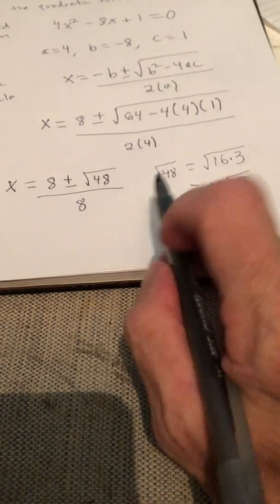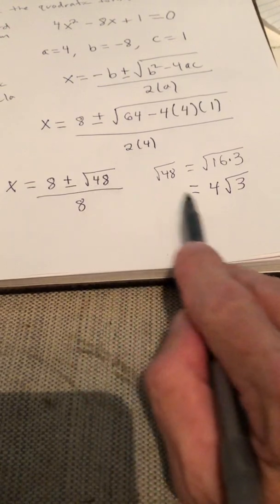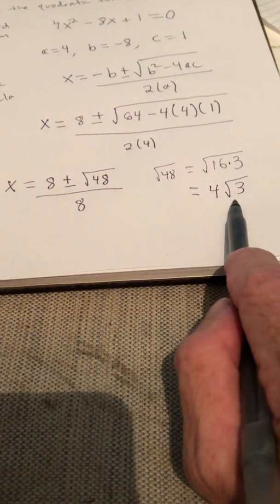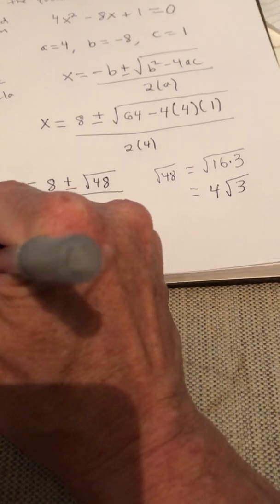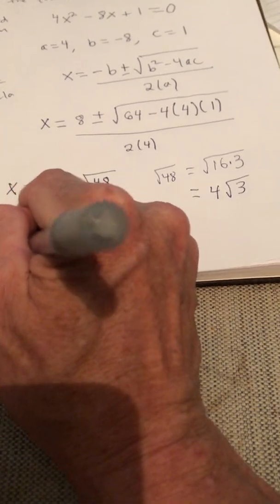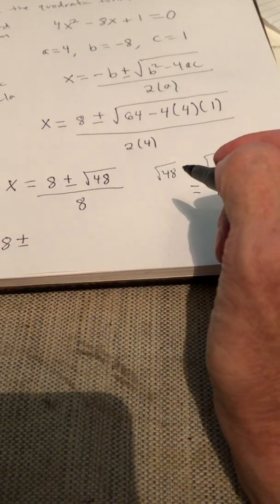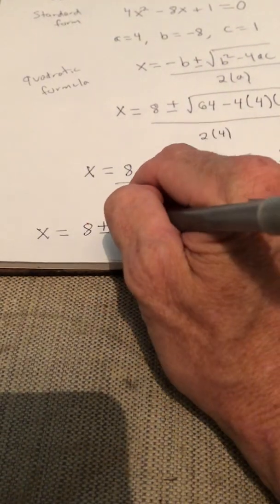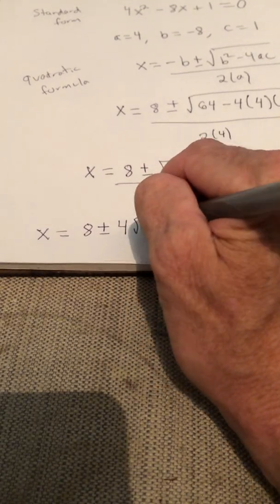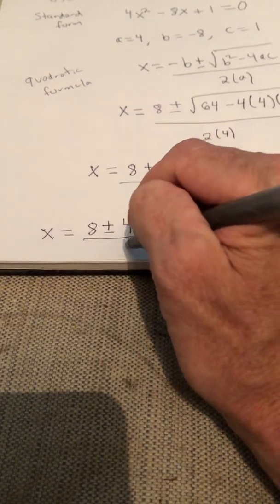So I'm going to replace the square root of 48 with 4 times the square root of 3 because that is simplified. So I have x is equal to 8 plus or minus 4 times the square root of 3 all over 8.